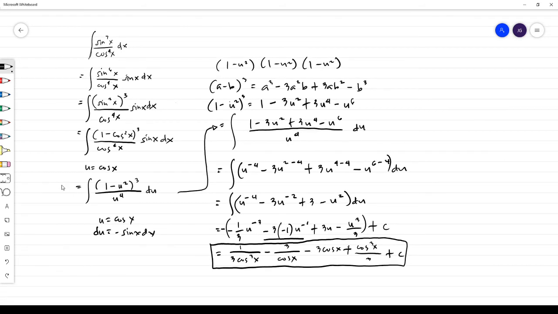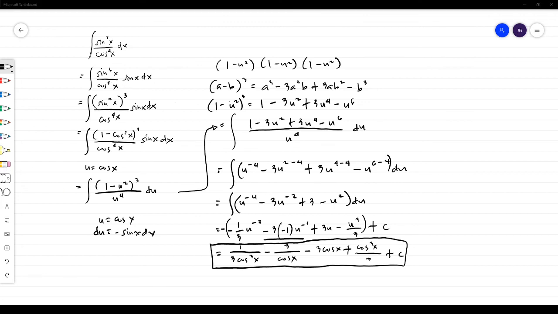To clarify things, under the right circumstances, we can use the ideas developed to help us deal with products of trigonometric functions to deal with quotients of trigonometric functions. So the natural question then is, what are the right circumstances?